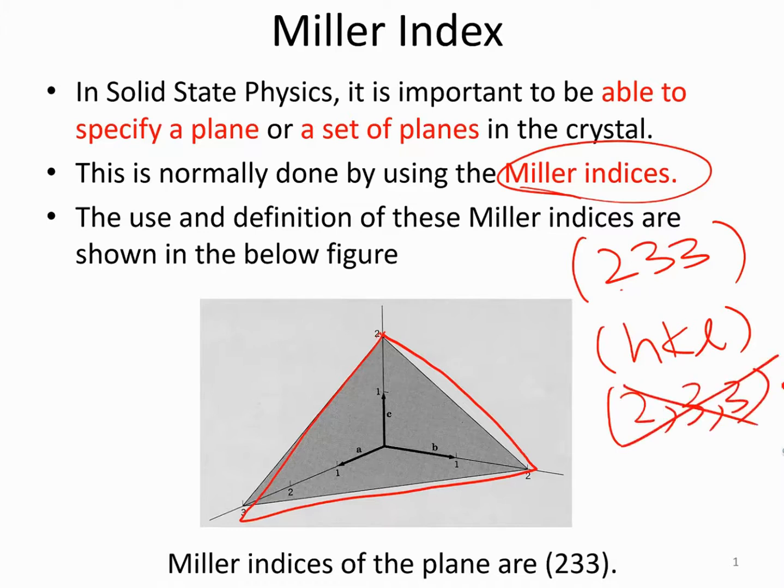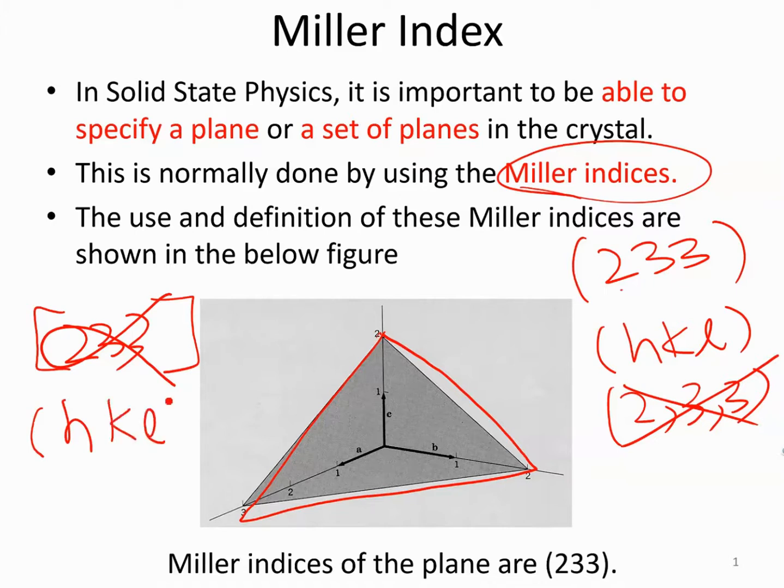No, this is not the correct way. You also cannot write the square bracket 2, 3, 3. No. The correct way to write it is a bracket, then the first number, the second number, the third number, then the closing bracket. That's all. There's no comma. The bracket cannot be a square bracket or any other bracket, only the round bracket.